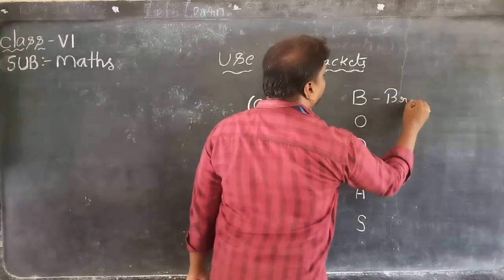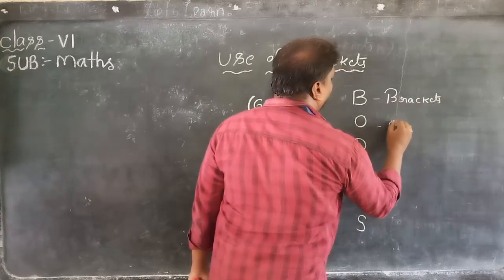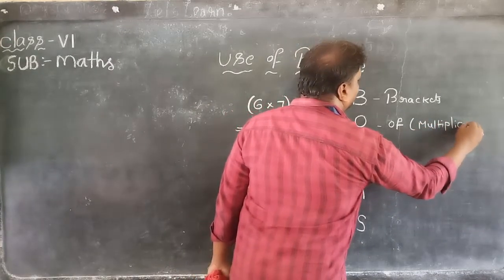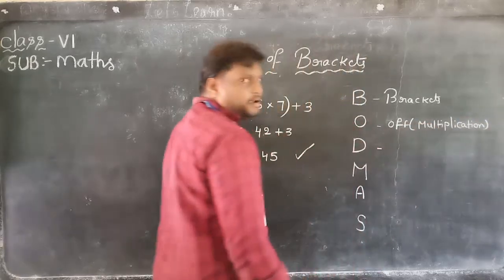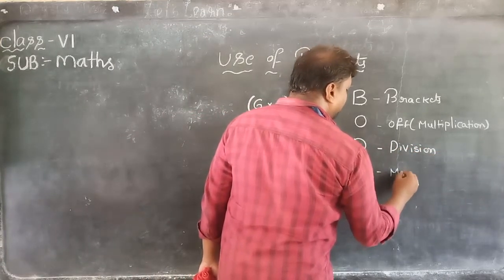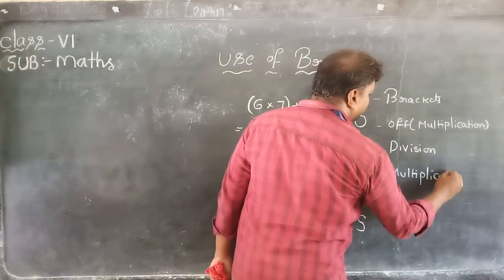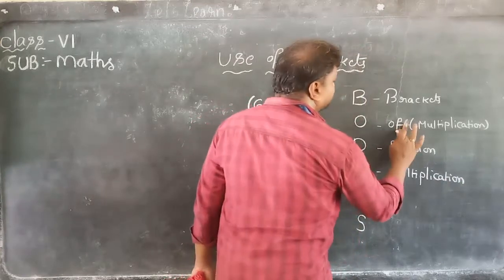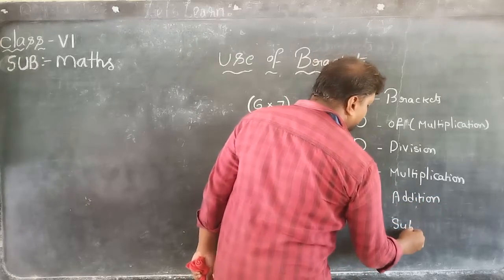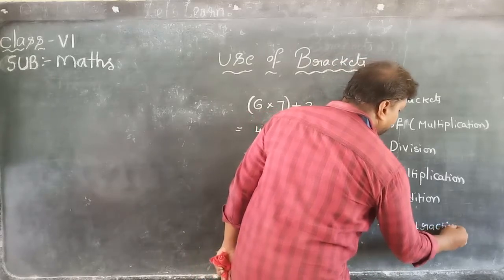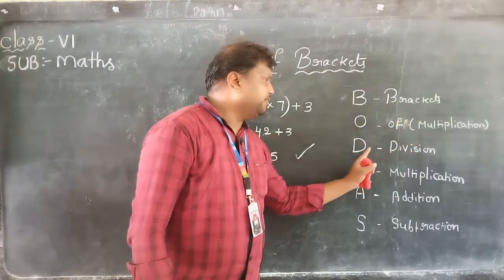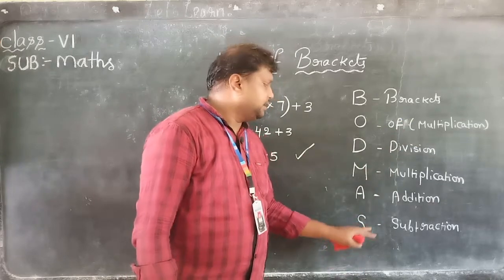B for brackets, O for of, which means multiplication, D for division, M for multiplication, A for addition, S for subtraction.